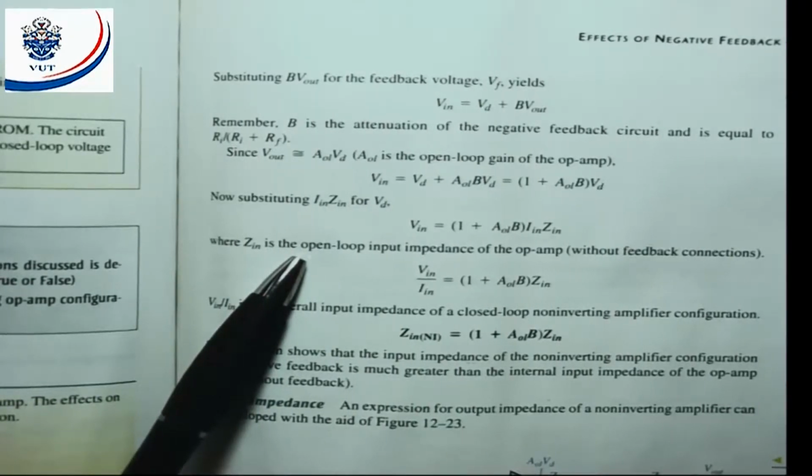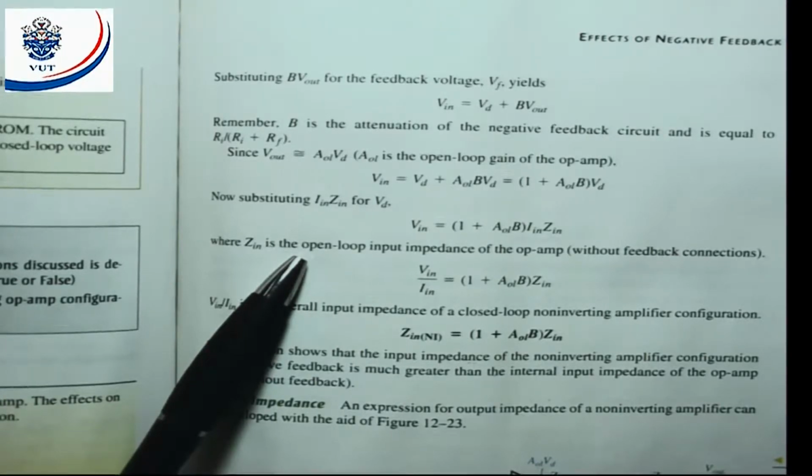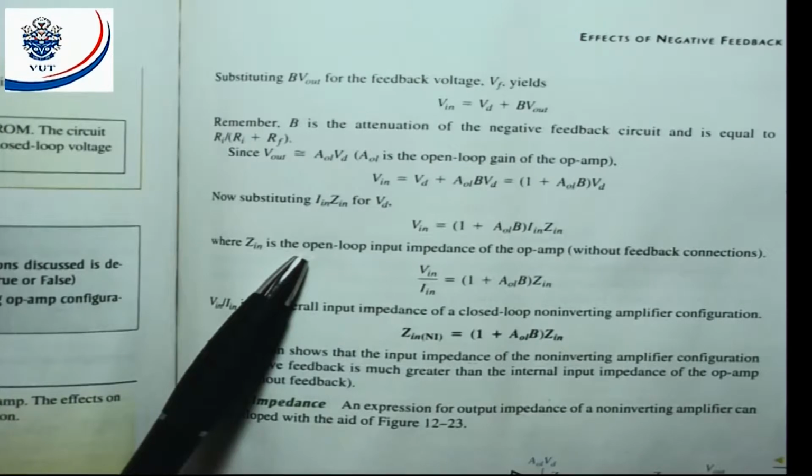I repeat, my overall impedance is going to be the input voltage divided by the input current. Then we can say Vin divided by In is equal to 1 plus the open loop gain times my attenuation times Zin. But that Zin is the input impedance of the device itself.